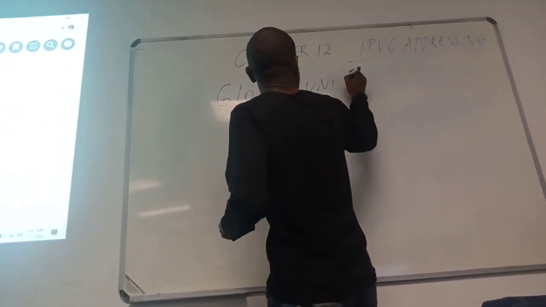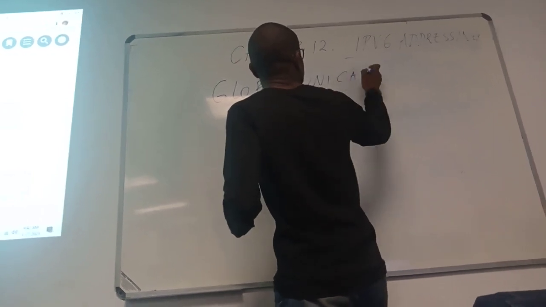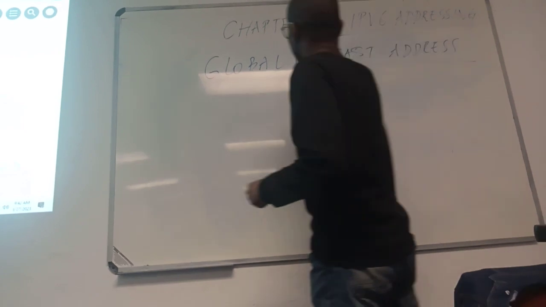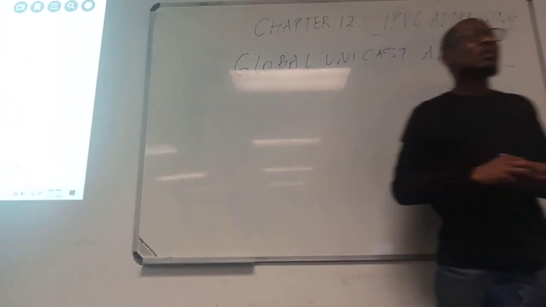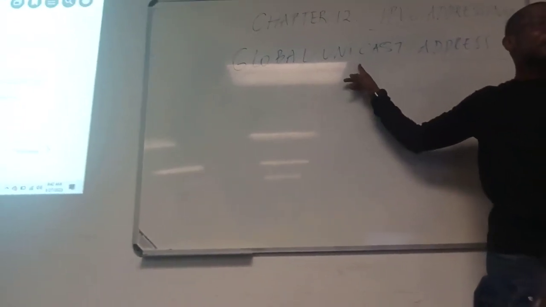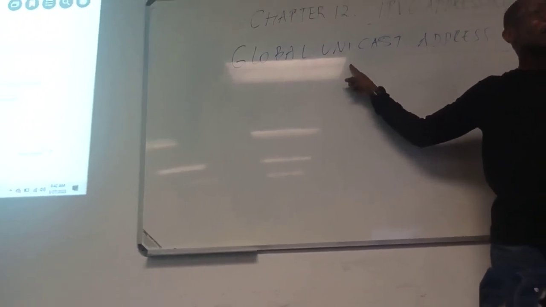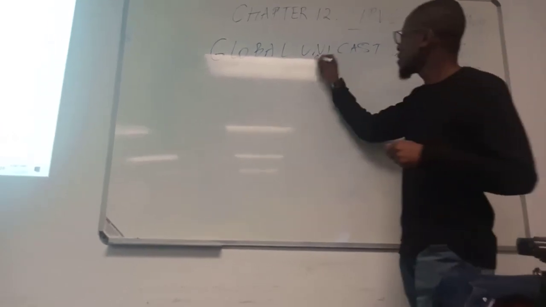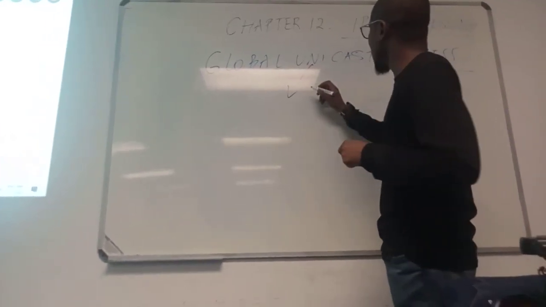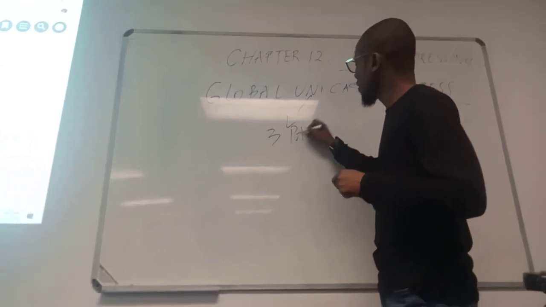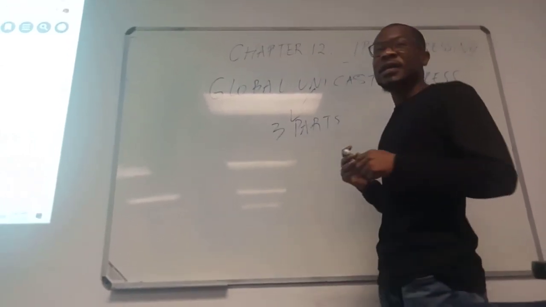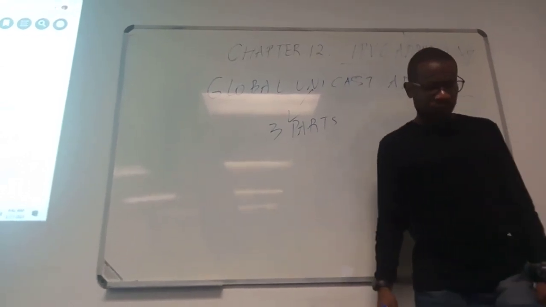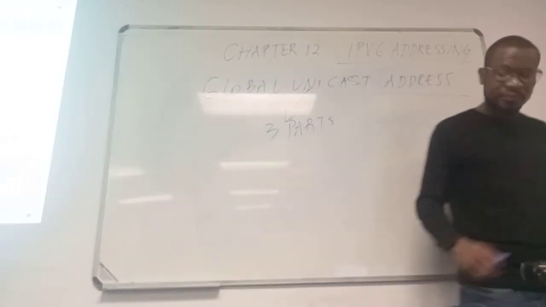Global unicast. When you have a public IP from your provider, this global unicast address will have three parts.